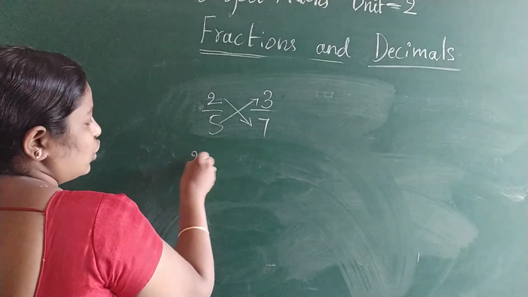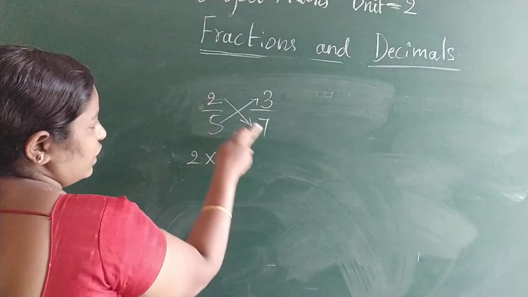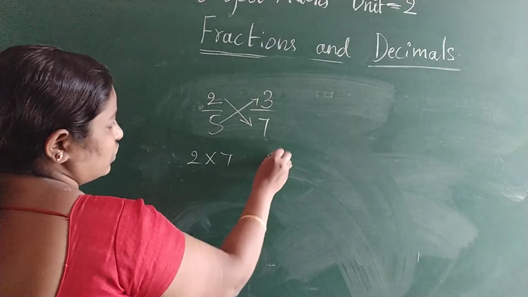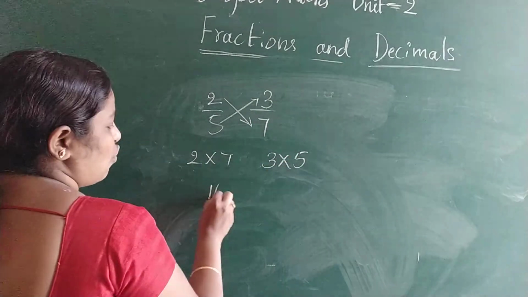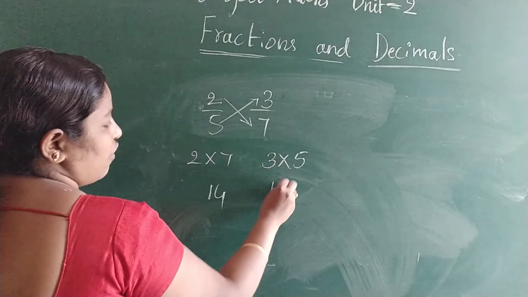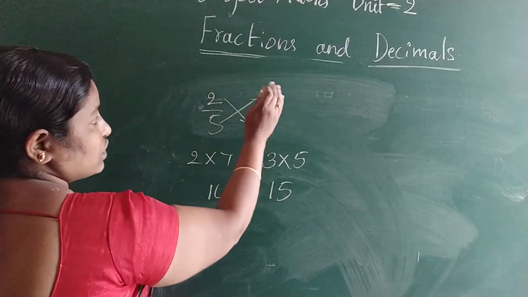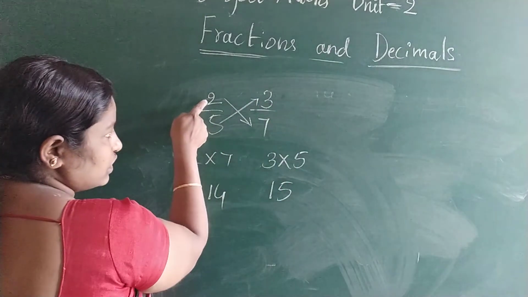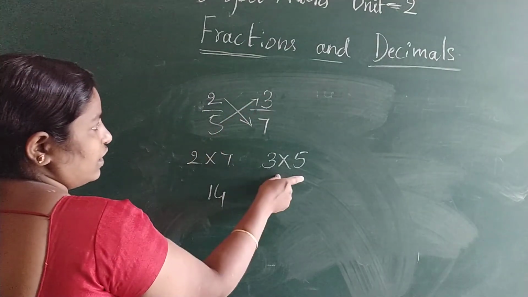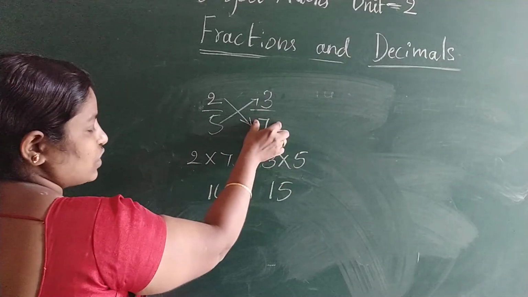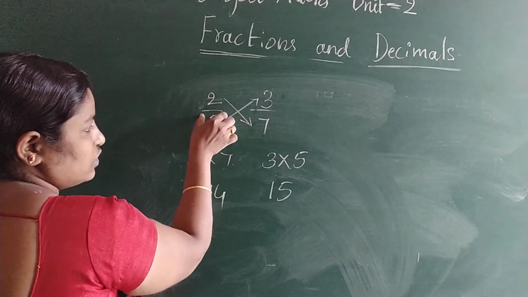I will write here 2 into 7, then 3 into 5. 2 7s are 14, 5 3s are 15. Always write the first fraction's product first: 2 into 7 here, 3 into 5 here. This is related to this fraction, and this is related to this fraction.